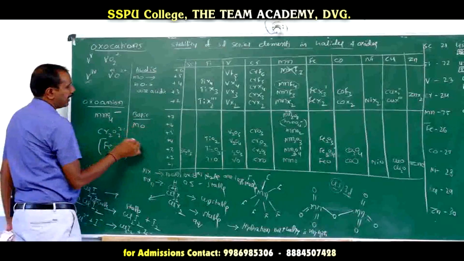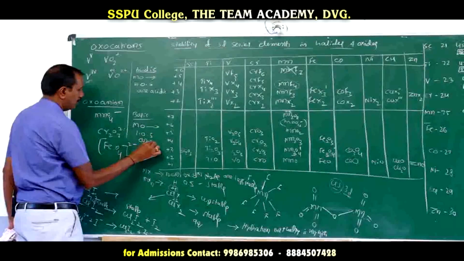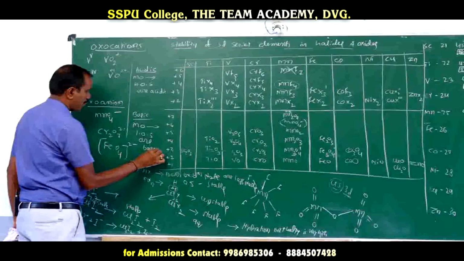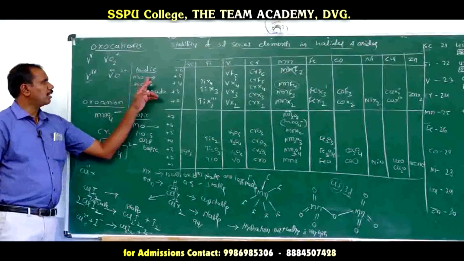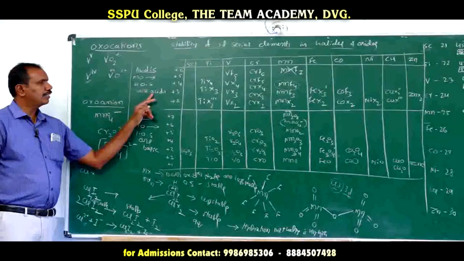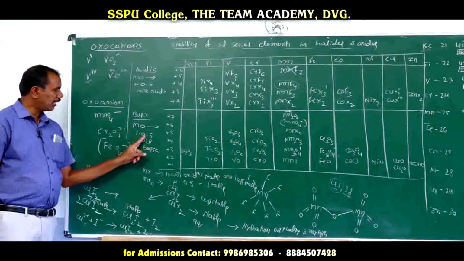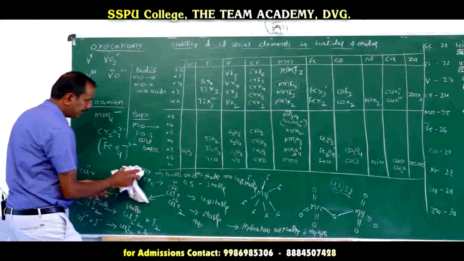Metal oxides having lower oxidation state are basic in nature. Those metal oxides in the higher oxidation state are acidic in nature, and those in the lower oxidation state are basic. How, sir? Very simple.